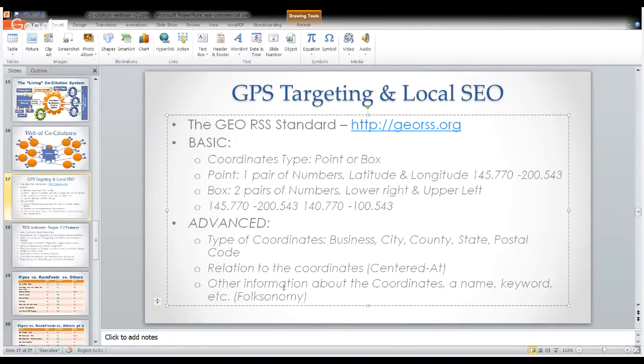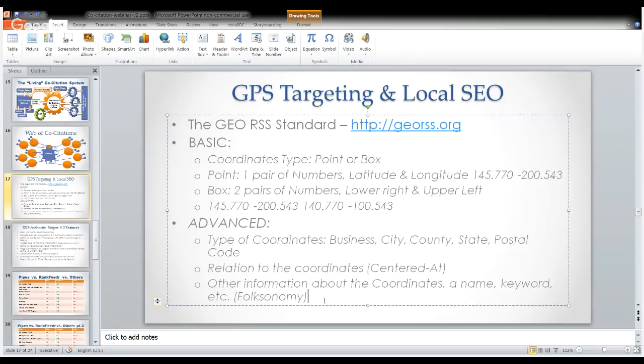And so the last thing that's in the advanced is the other information. It can be a name, a keyword, a phrase. So if I wanted to put Denver divorce lawyer here, I can have my coordinates, whether it's a box or a point, I can say a business, and then I can say it's centered at these coordinates. And then I could put Denver divorce lawyer.